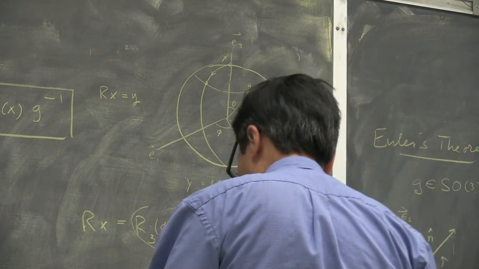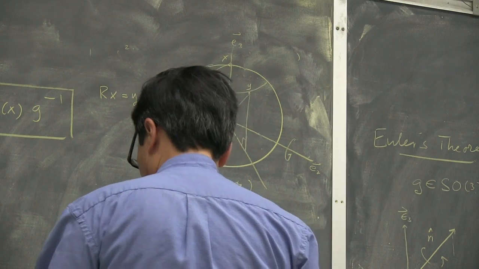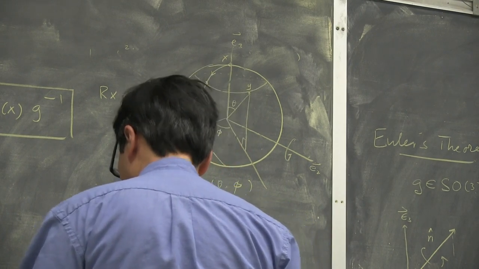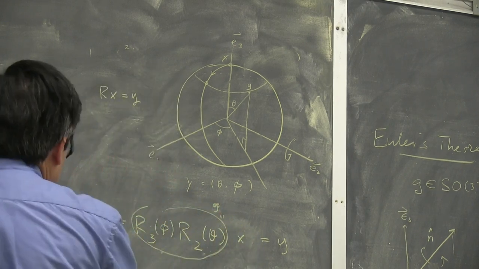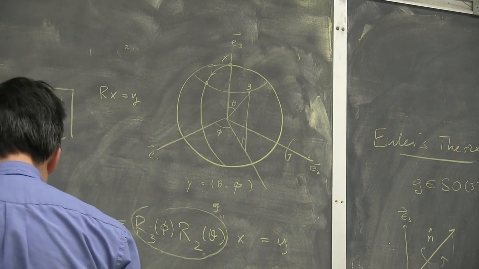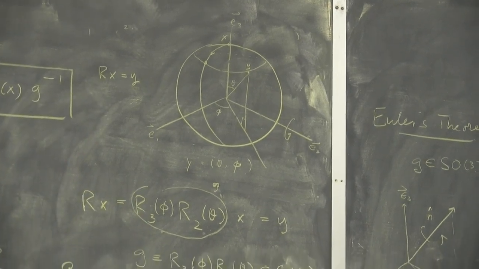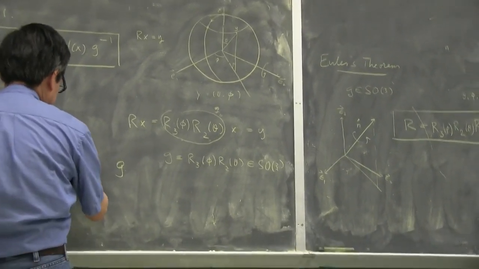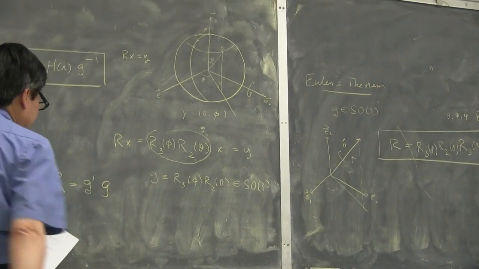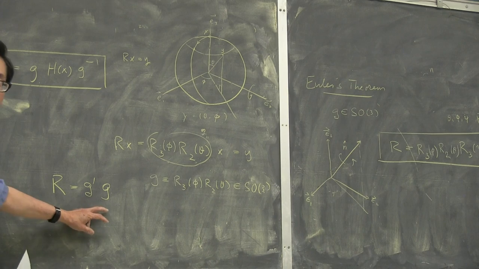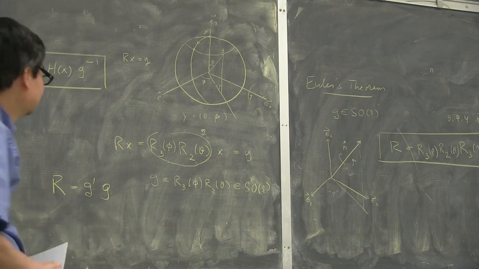Now, let's say I consider these two elements, R and G. I can always introduce some other SO3 element, G prime, such that R is equal to G prime G, always, right?